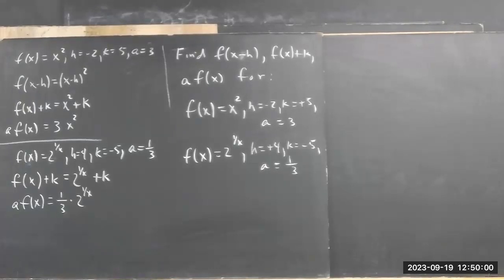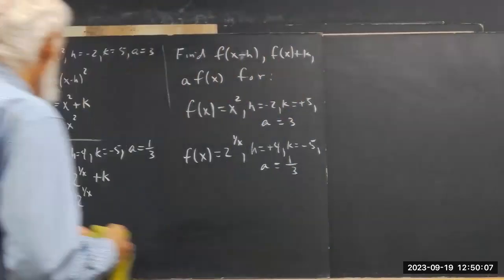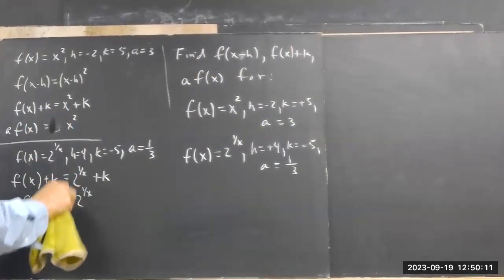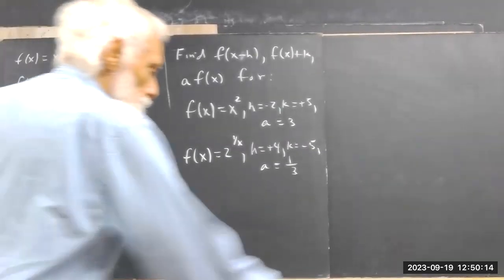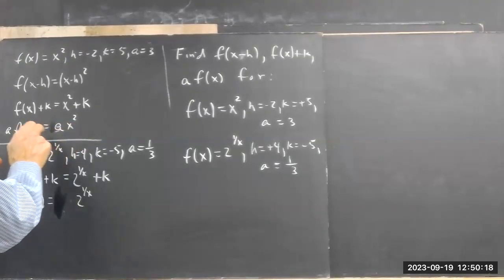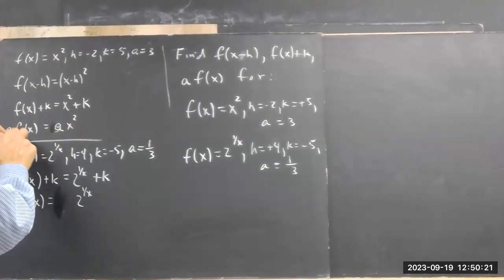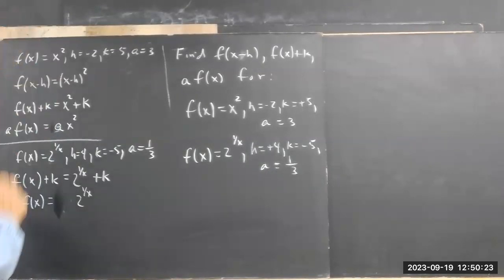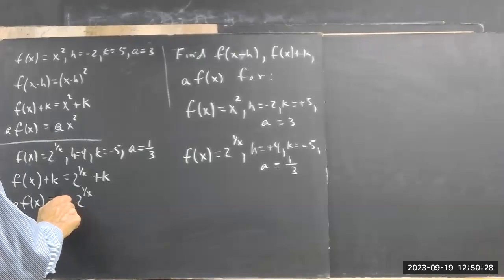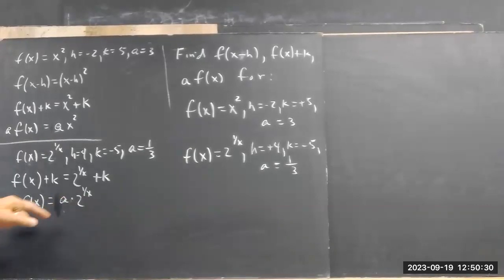And I'm being a little inconsistent with the way I'm doing this, so let me be a little more consistent. Up here, I was putting in the symbols and not the numbers. And on this last one, I put in the number. It should have been: a f of x is just a times f of x, which is a times x squared. A f of x here is a times 2 to the 1 over x.